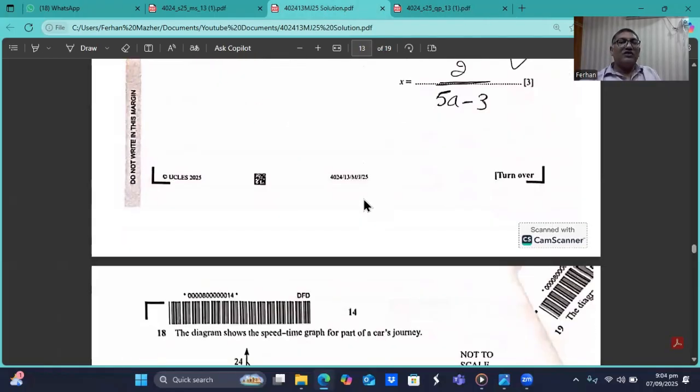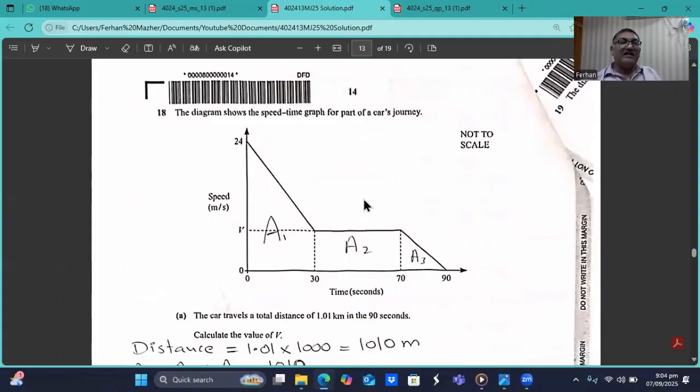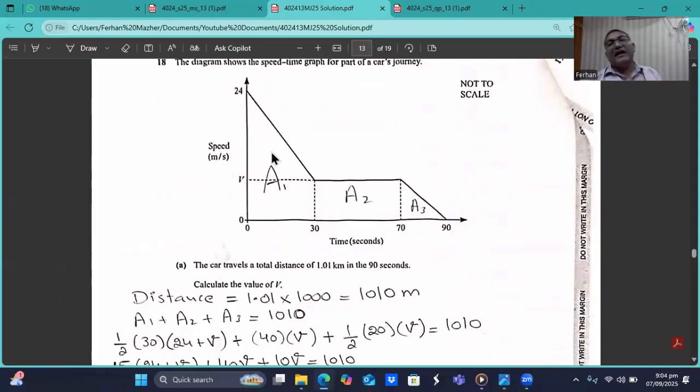So I can divide the area under the speed time graph into 3 different shapes. This shape is a trapezium, this is a rectangle, this is a right angle triangle. This side is 24, this is V, and this side is 30.